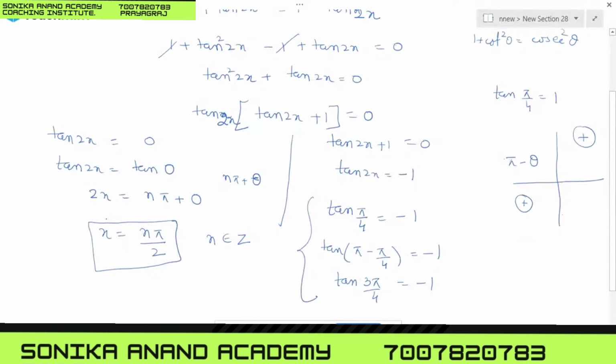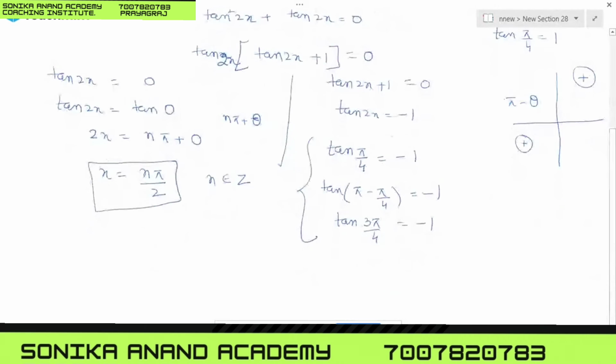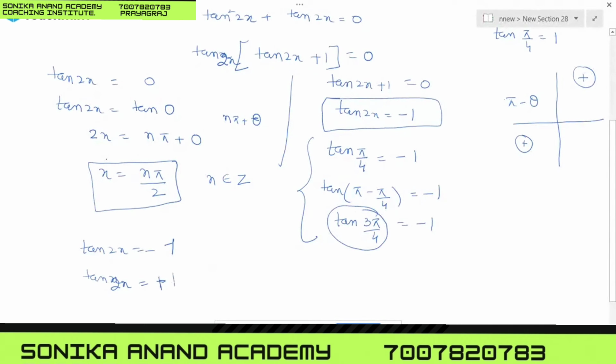Now listen, we have this equation: tan 2x is equal to minus 1. In place of minus 1, we write tan 3 pi by 4. Now listen very carefully.